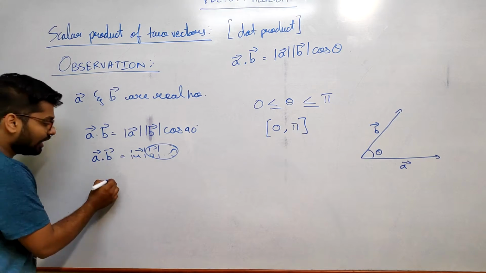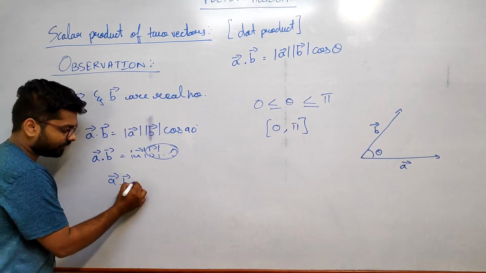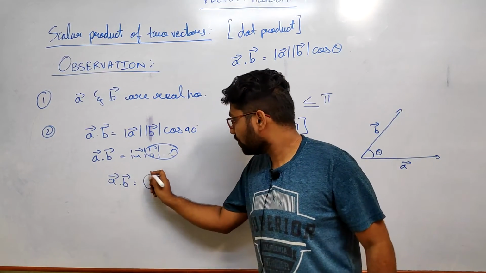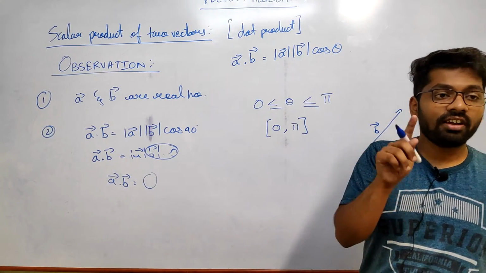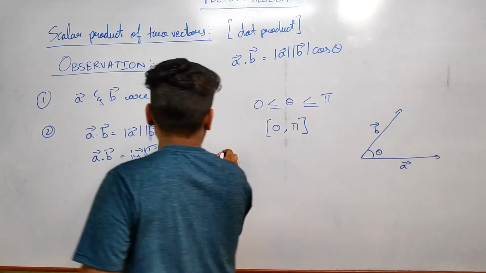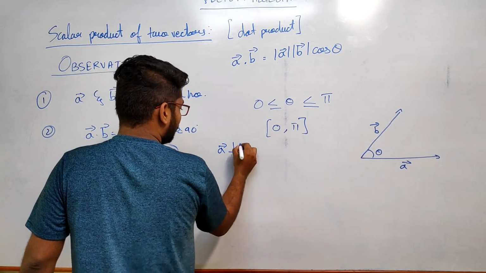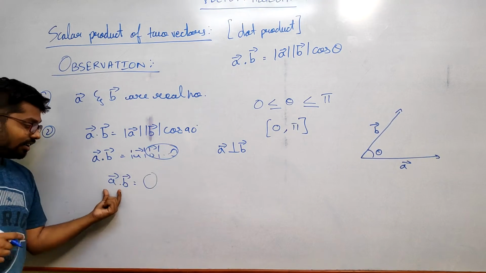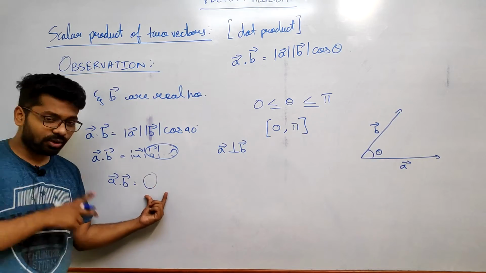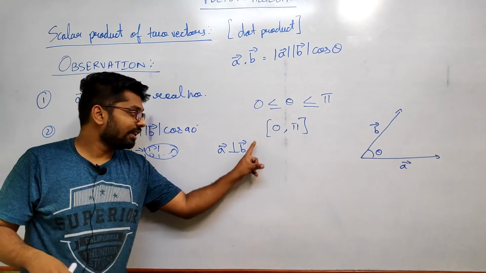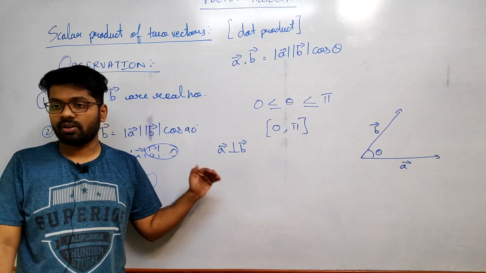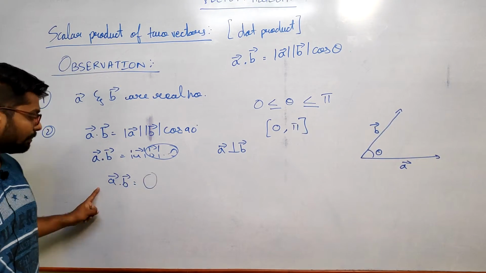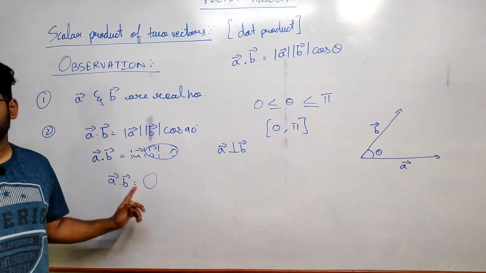So therefore if the dot product between two vectors is 0, then we can observe that a bar is perpendicular to b bar. Perpendicular or not? We substituted 90 degrees. If the dot product of two vectors is 0, it means a bar is perpendicular to b bar. Very important observation. Clear? So if it is perpendicular, then only you will get dot product as 0.